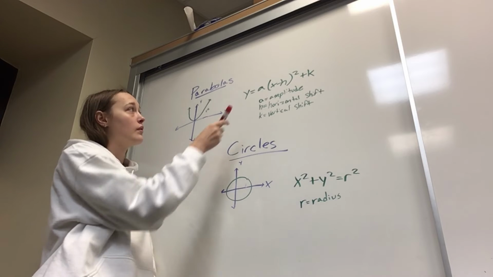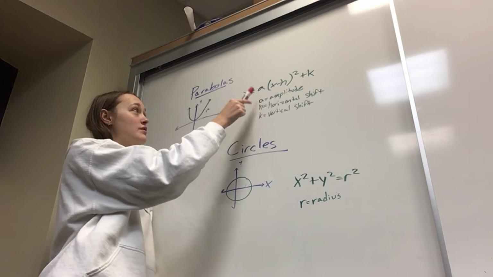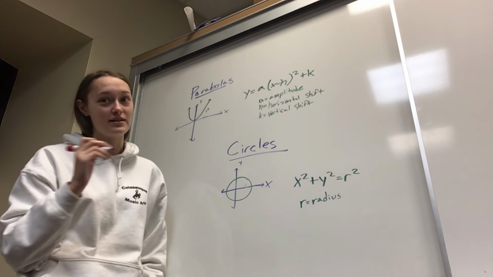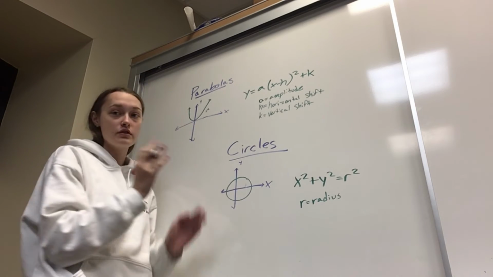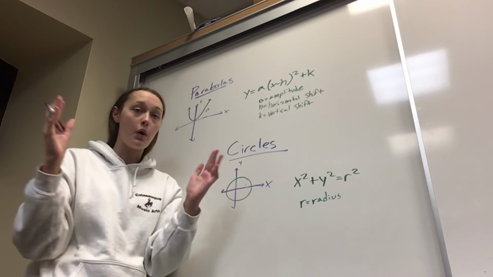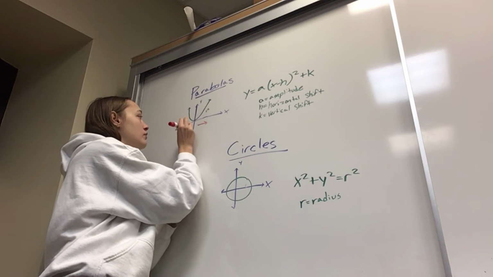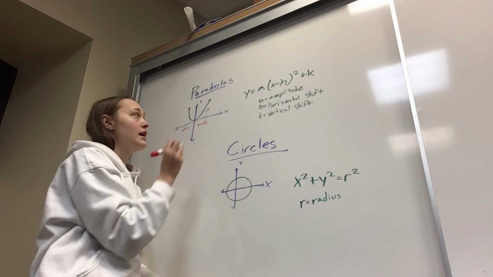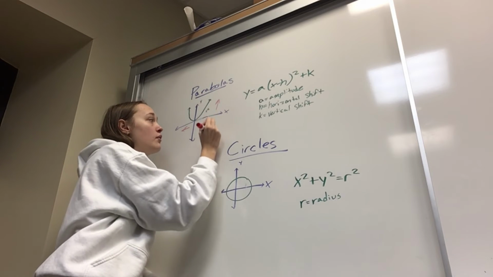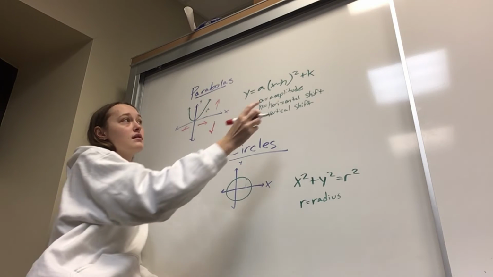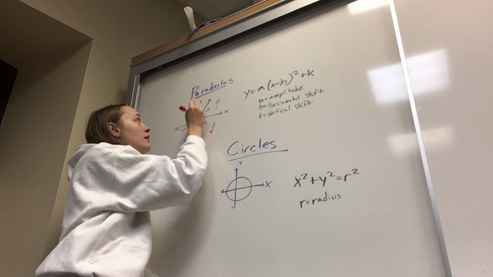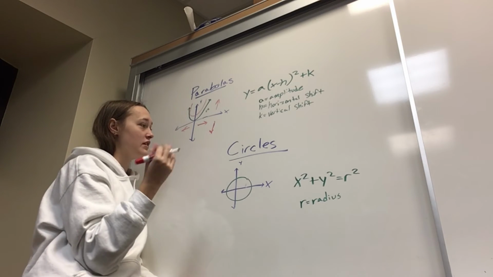And you graph them with the equation y equals a times (x minus h) squared plus k, where a is the amplitude, so how much it's stretched or widened. h is the horizontal shift, so if it goes left or right, and k is the vertical shift, so if it goes up or down. So if k was 1, then the whole parabola would be moved up 1.